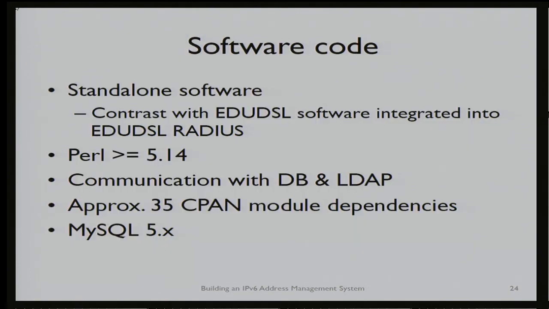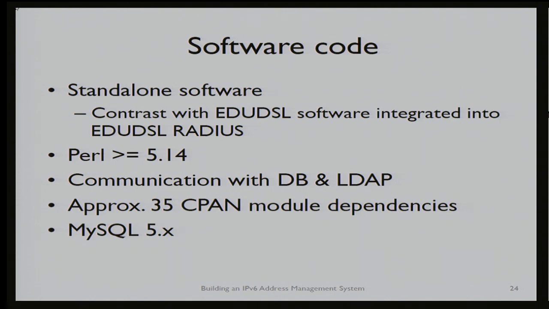The software code, we were able to use a good portion of the code that we've written for the Greek school network, but this time this piece of software is standalone. So we had considerably more leeway in order to make it more modern. We were able to use a modern version of Perl with all the new features that there are in the syntax. We were able to use whatever CPAN modules we liked.